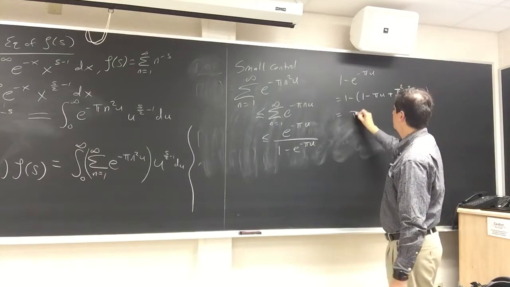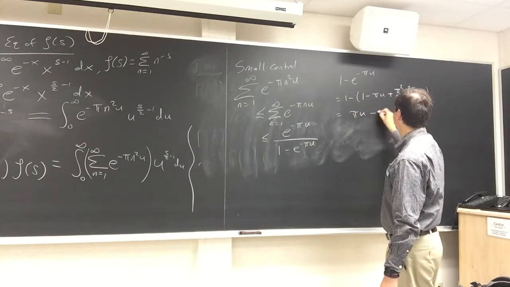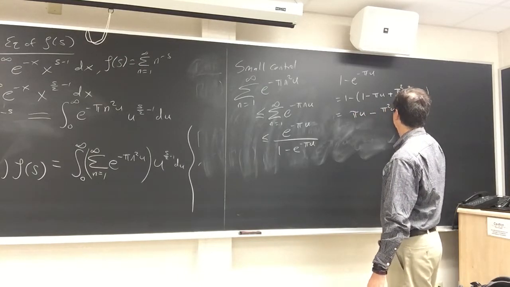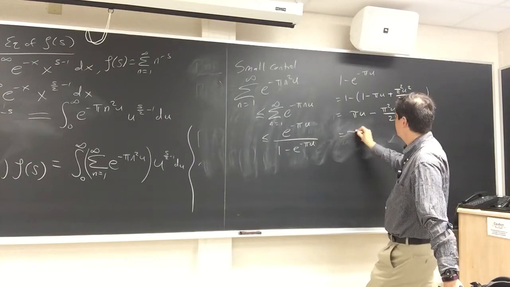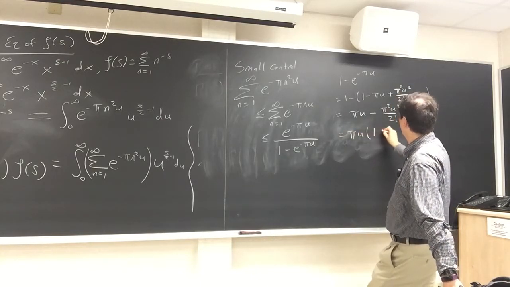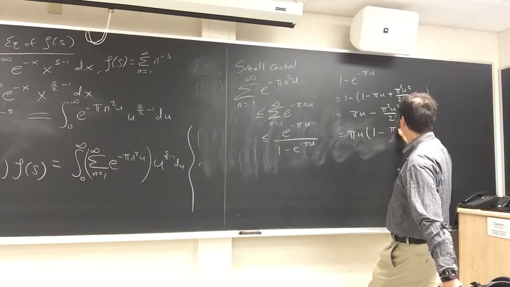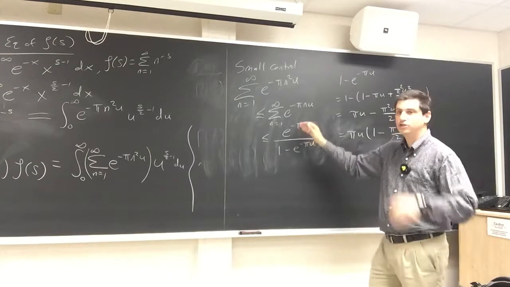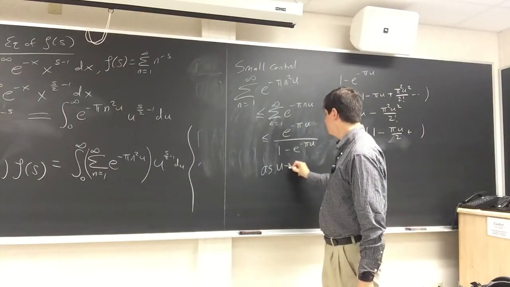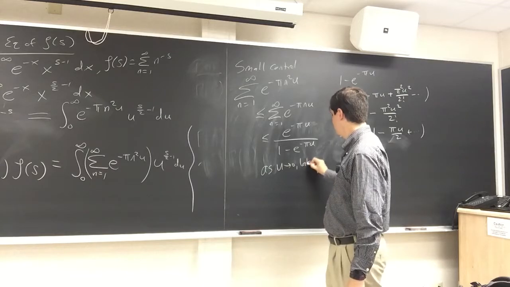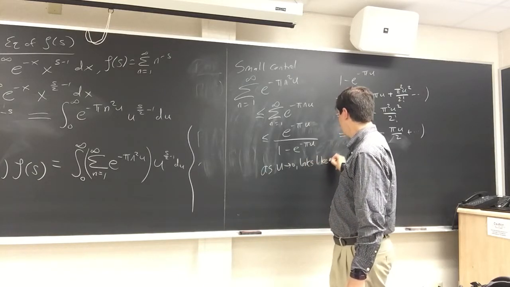So this is going to be pi u minus pi squared u squared over 2 factorial. We factor out the pi u, we get pi u times (1 minus pi u over 2 plus dot dot dot). So this is going to look like 1 over u as u goes to 0.